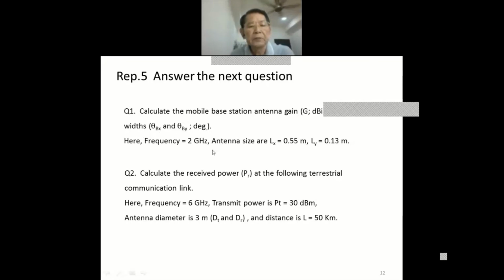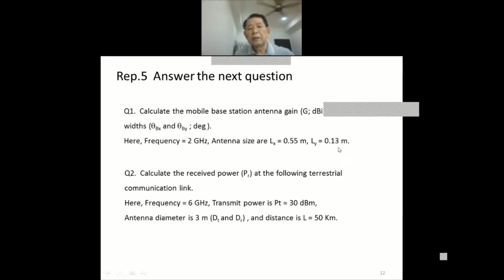The frequency is 2 gigahertz. This is a mobile communication frequency. The antenna size is: the vertical length is 55 centimeters, and the horizontal size is 13 centimeters.